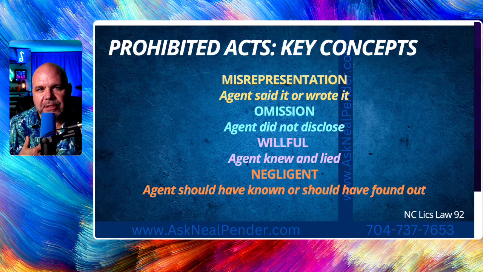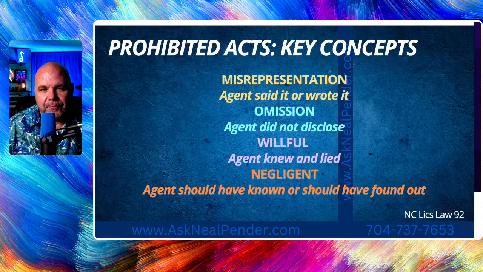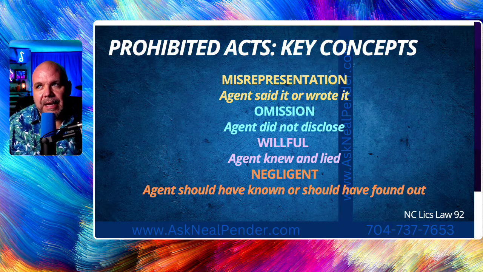We need to have reasonable skill and care when we work with people. Disclosure and reasonable skill and care are two of the 6 fiduciary duties that we owe to everybody. People need to be able to know that we know what we're doing. That's reasonable skill and care. Should have known or should have found out kind of falls in that category.